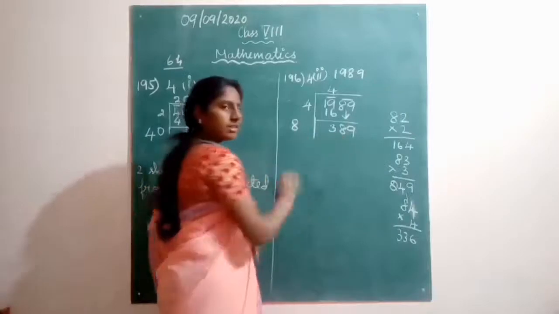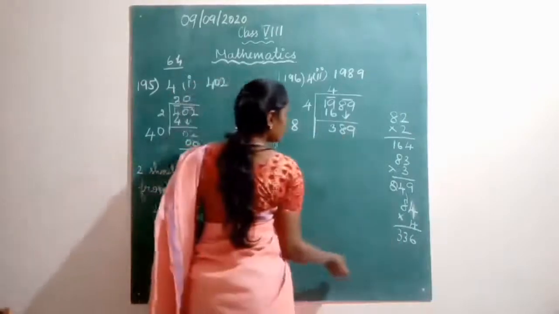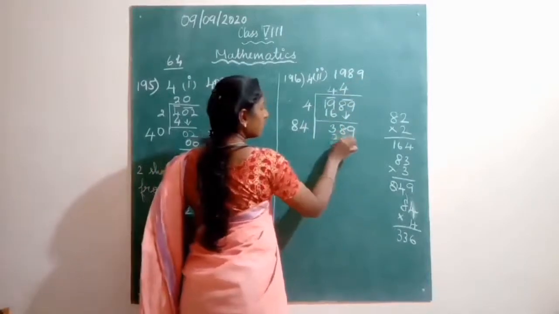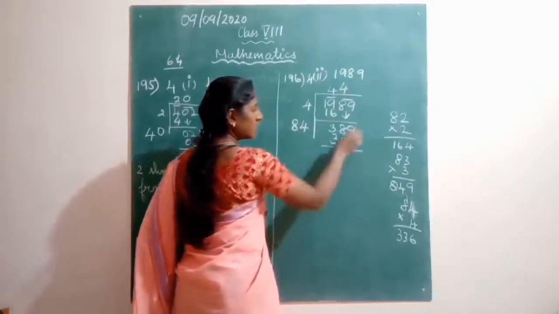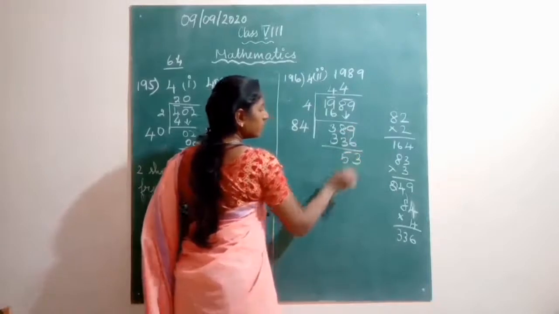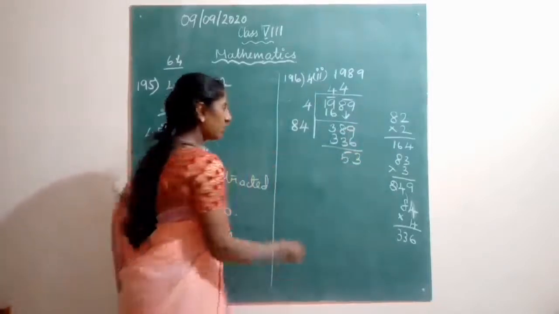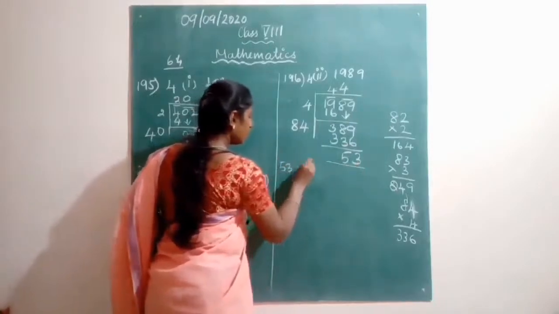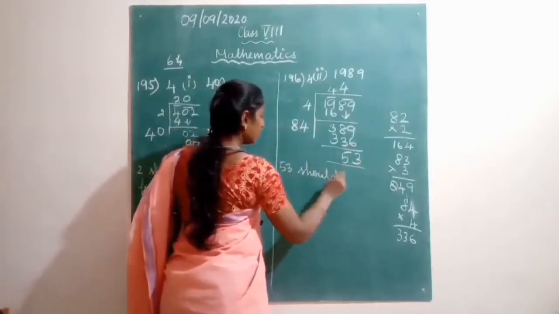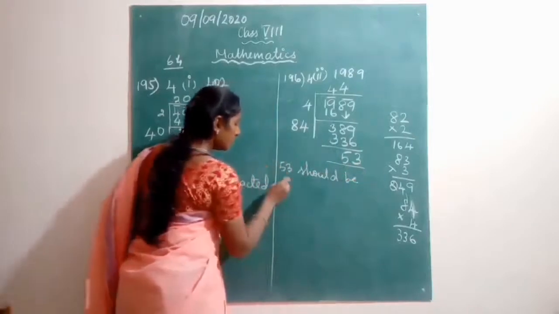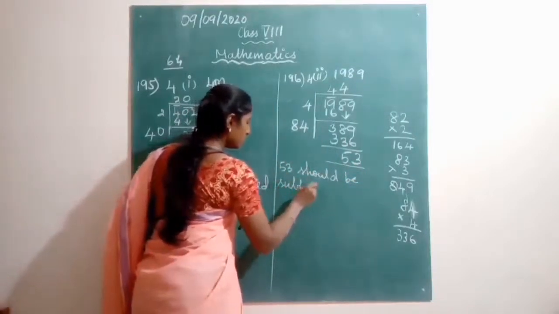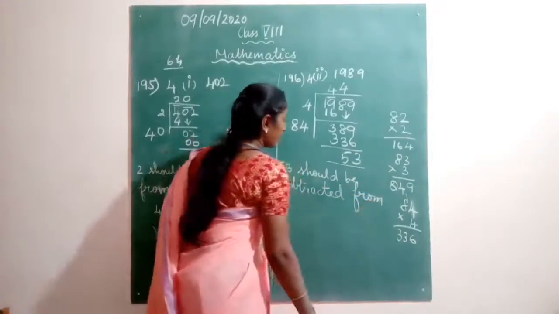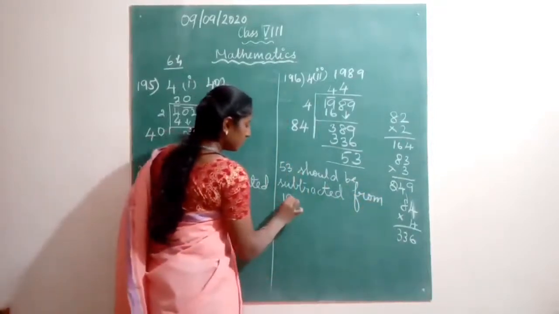Okay, so here it is 389 only. So you can write this, that is 84 into 4 will give you 336. So if you subtract this, you will get 53. Okay, so write 53 should be subtracted from 1989.